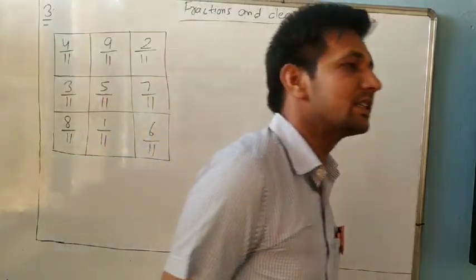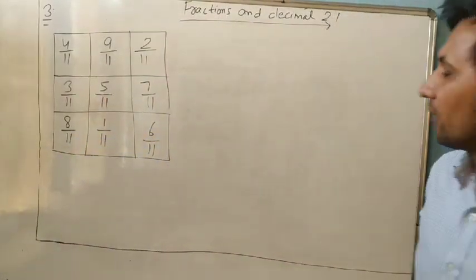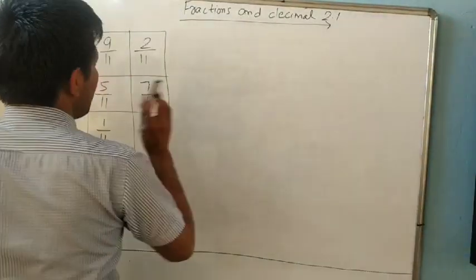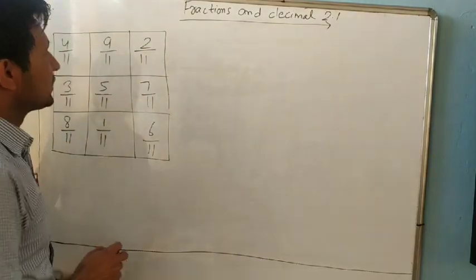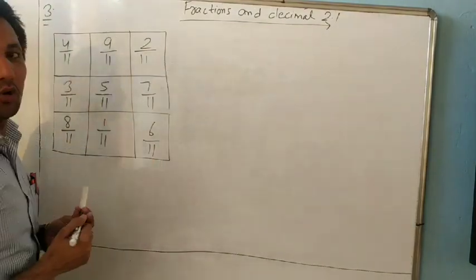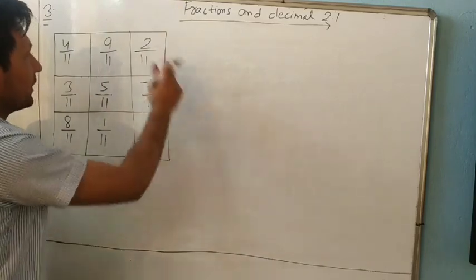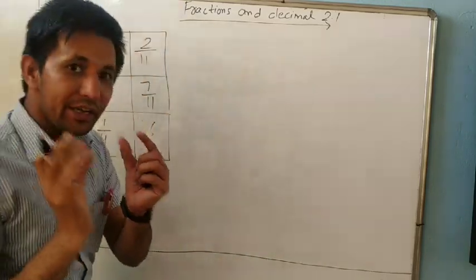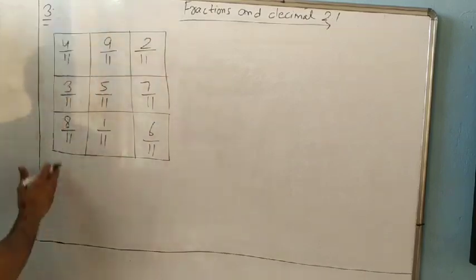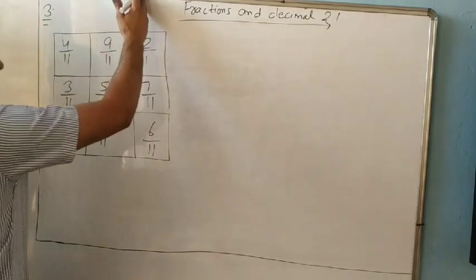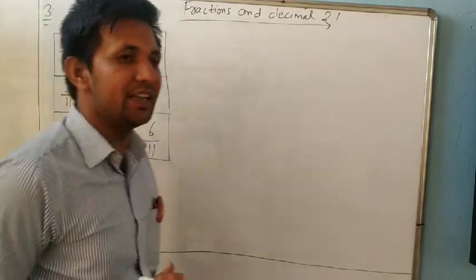Is this a magic square? We have to find out. It will be a magic square if the sum of each row, meaning first row, second row, third row, and the sum of each column, first column, second column, third column, and the sum of each diagonal are equal.